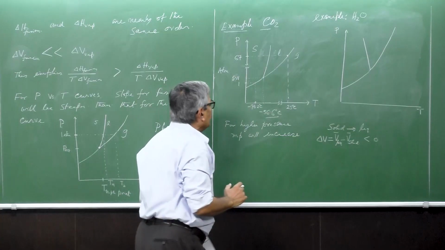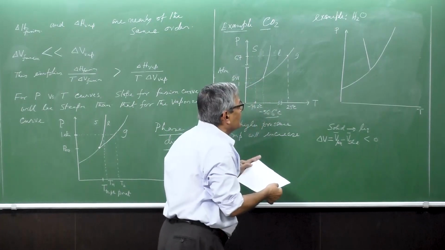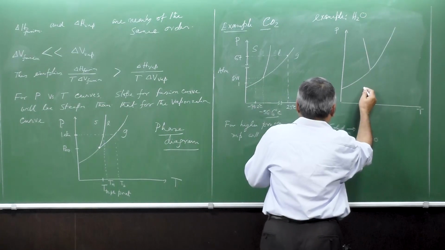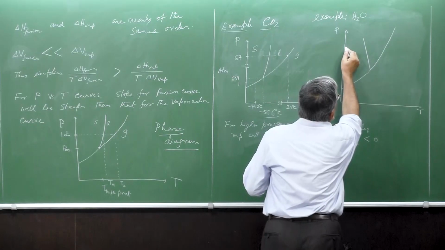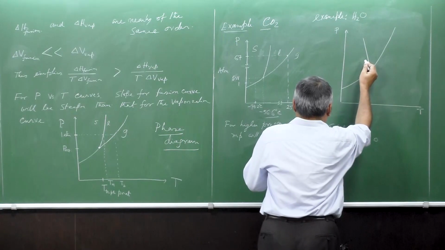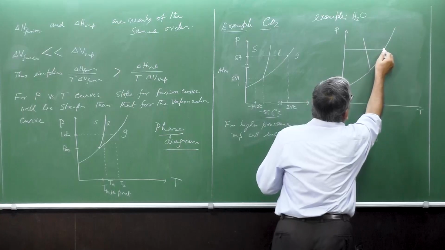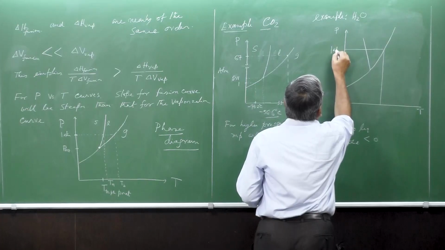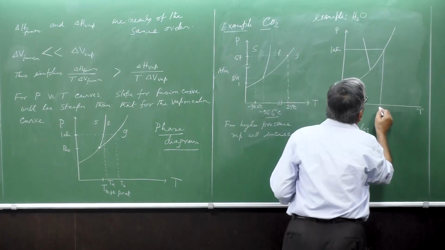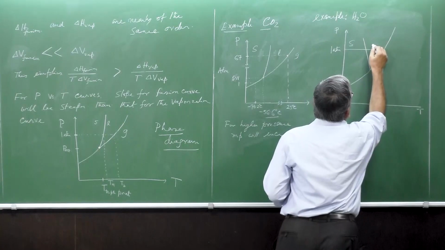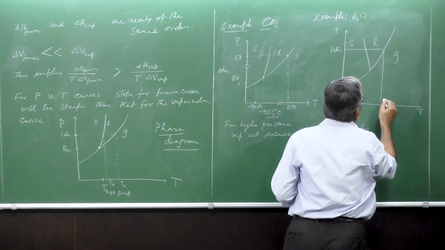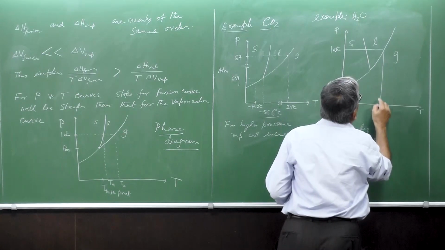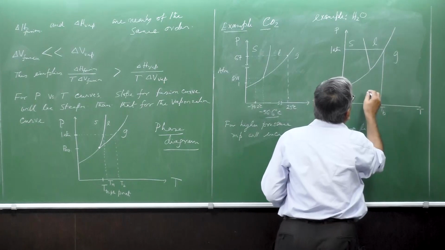And if we take care of the details, then at 1 atmosphere and 100 degrees centigrade, this is the solid phase, this is liquid, and this is the gaseous phase. So this is the melting point, this is the boiling point, liquid gas.